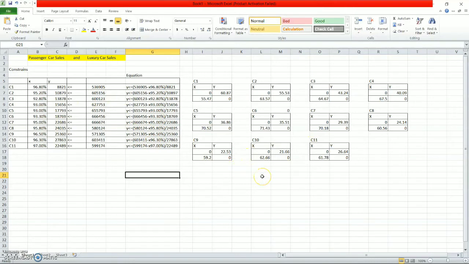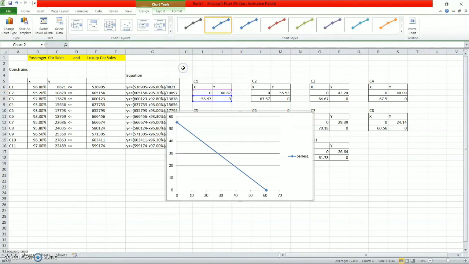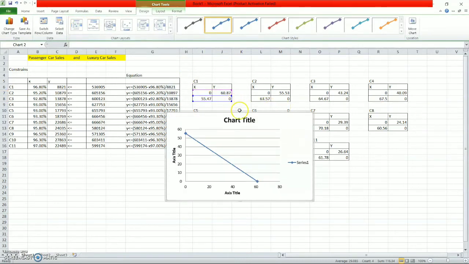Now, for the linear optimization, I need to do it in this way. I need to select C1, and then insert the scatter plot. Like this, I can choose this.